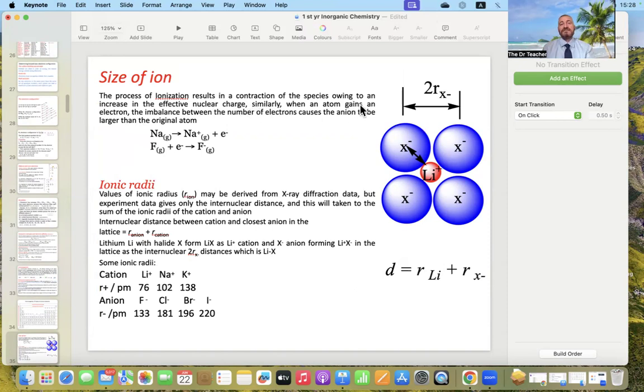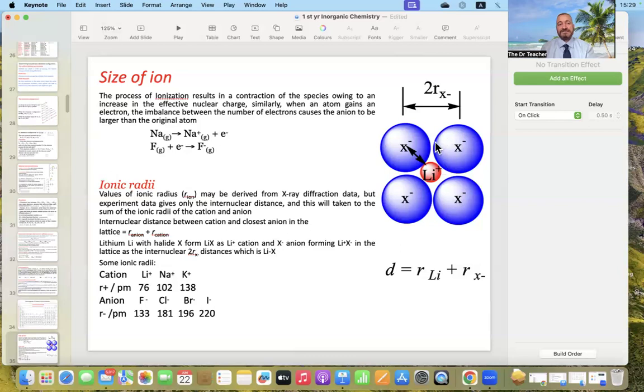Similarly, when an atom gains an electron, the imbalance between the number of electrons causes the anion to be larger than the original atom. So if you see here, sodium lost 1 electron, leaving it with a positive charge. Fluorine gets this electron and becomes negatively charged. It means an extra electron with the fluorine.